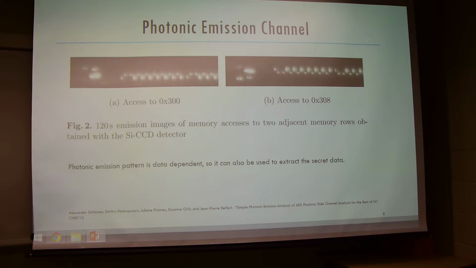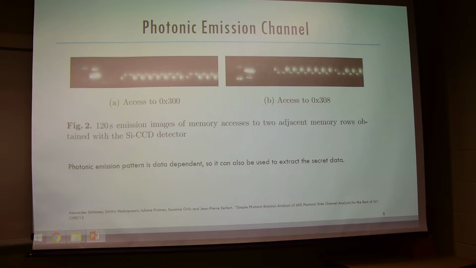Another one is the photonic emission channel. Both of these figures are pictures of a memory array. If you are accessing this address, this array will have more photonic emission.